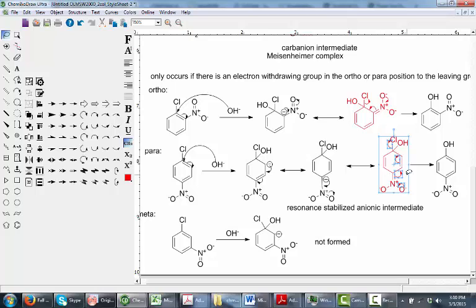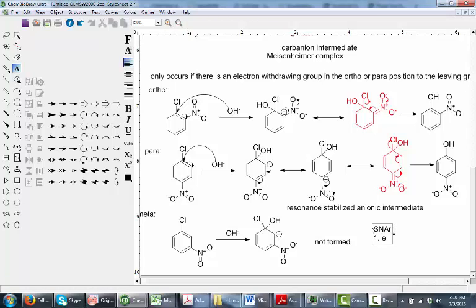So that's briefly what nucleophilic aromatic substitution reactions are. You can recognize a nucleophilic aromatic substitution if, first of all, the benzene ring that's reacting has an electron withdrawing group. We're going to call them SNAr, which stands for substitution nucleophilic aromatic.